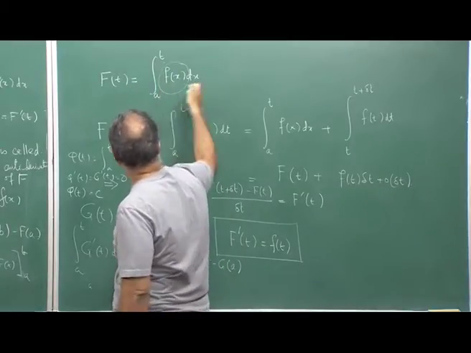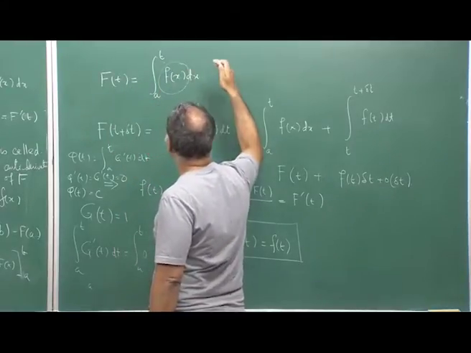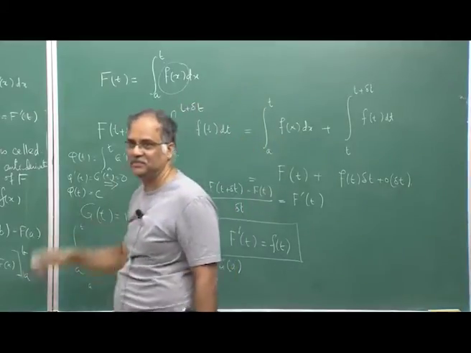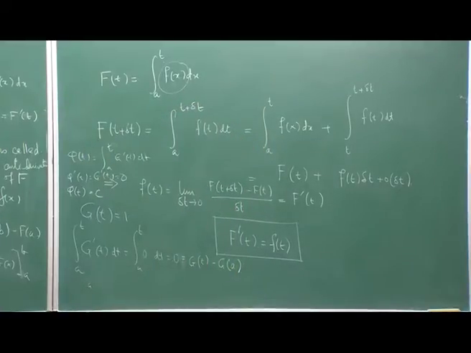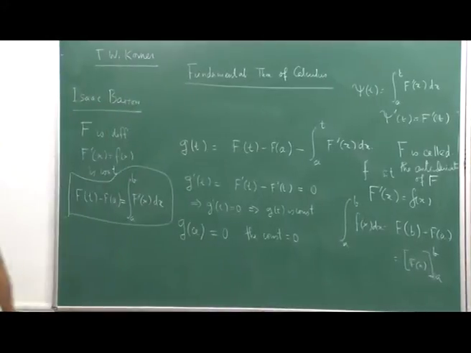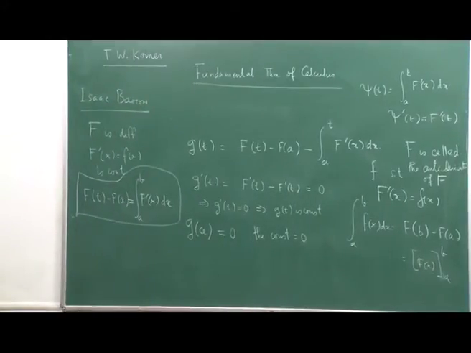If you really compute the integral, it should be ft minus fa. But it is only possible if you have f dash t equal to fx. If you can write that as ft minus fa, only then this integral value is actually ft minus f of a, and what is f of a here?